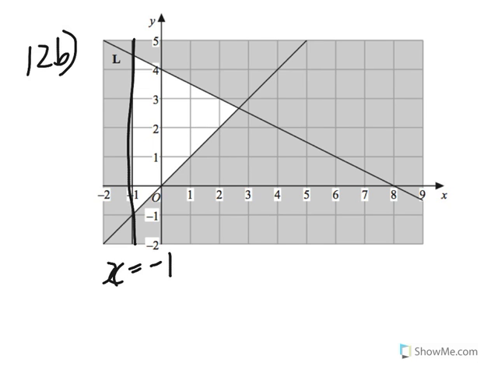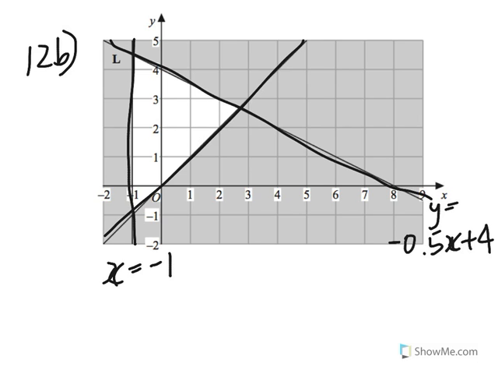This line over here is the line we found in the previous question, which is y equals negative 0.5x plus 4. And this line, which I just shaded again, is y equals x.